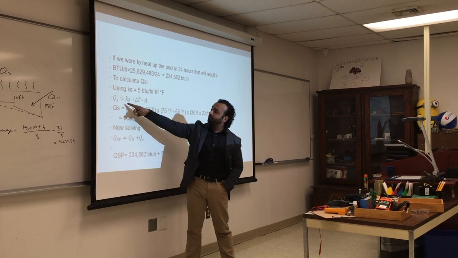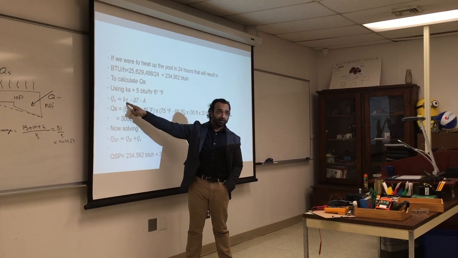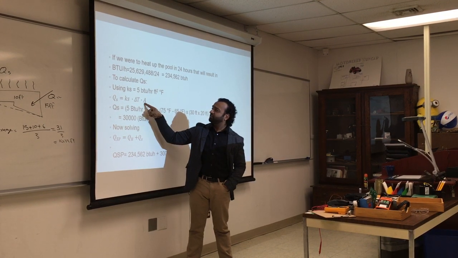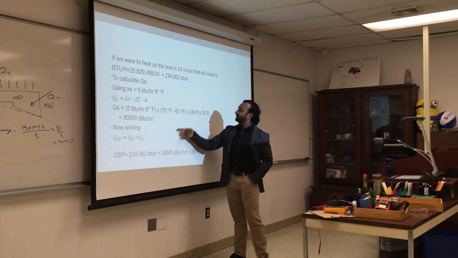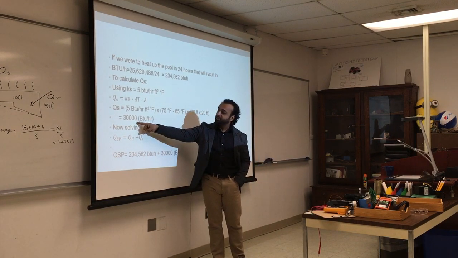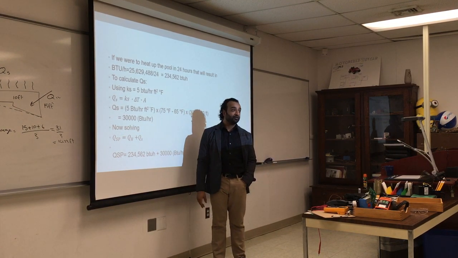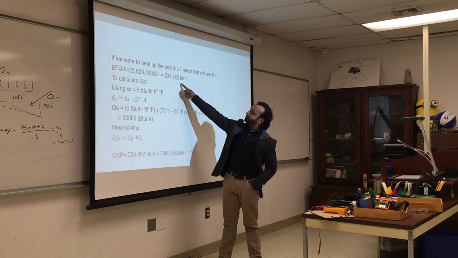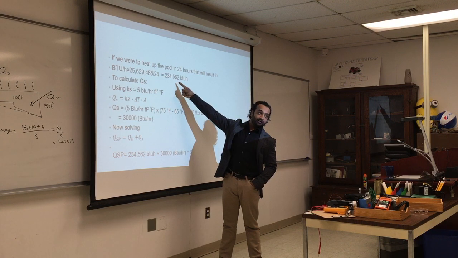And I'm gonna calculate the QS, which is the wind factor times temperature difference between inside and outside and the surface area. So doing this calculation, you're losing 30,000 BTUs every hour from the surface. Meanwhile, I'm trying to supply this much.